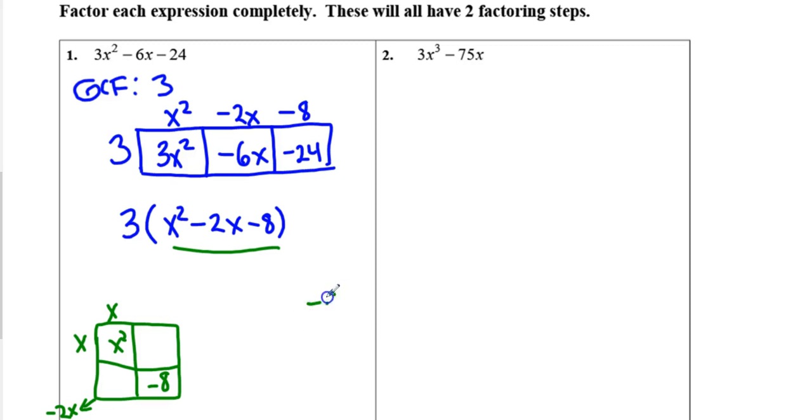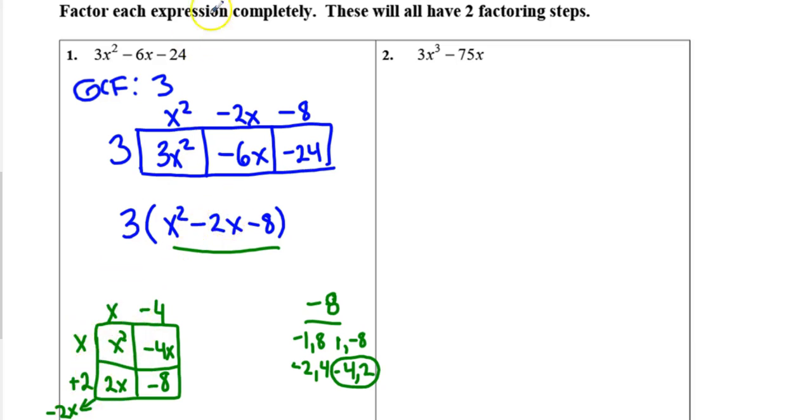Make my list. Okay, so those are all my possibilities. And I'm looking for the pair that adds up to -2x. So it looks like this one right here. Okay, so those add up to -2x, and that's what I had.